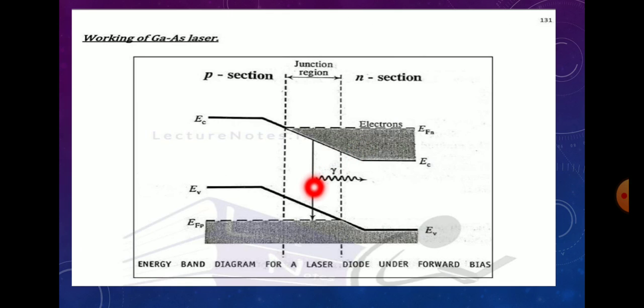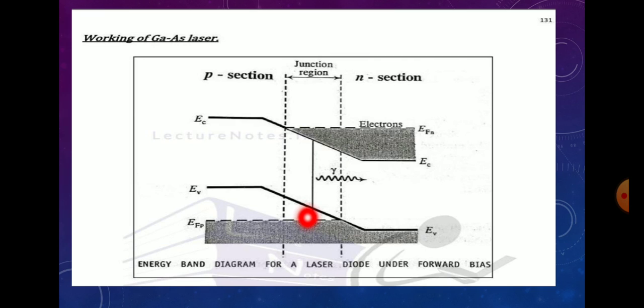As a result, this region has a high electron concentration in the conduction band, and a high hole concentration in the valence band, and consequently a low electron concentration there. Here Nec is greater than Nev, the number of electrons in the conduction band versus the valence band.